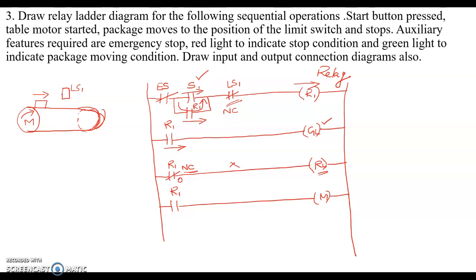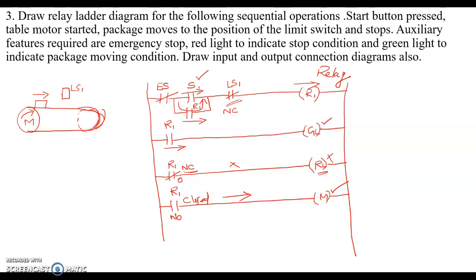So the red light will switch off. And another switch from R1 is taken, and that is also a normally open switch. And when R1 is switched on, this will also become closed and it will start conducting, and the motor is switched on. So that is the first part of the program.